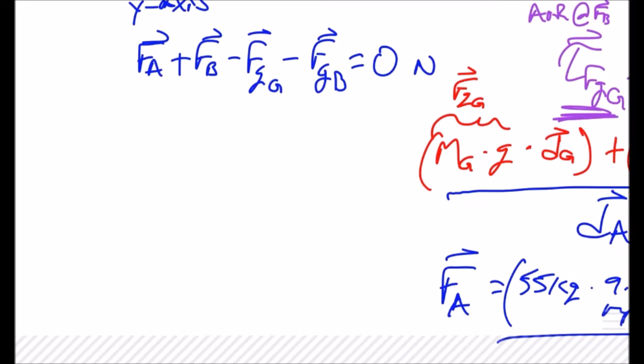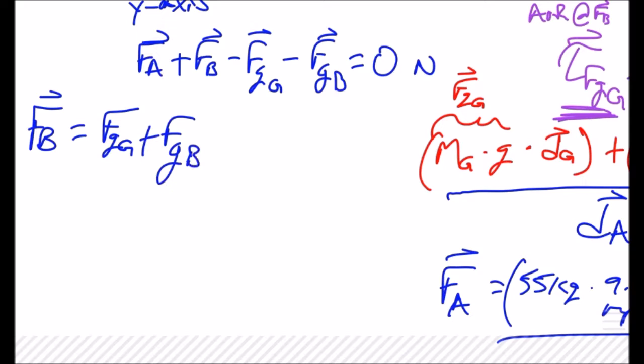So let's rearrange then to solve for force A. No, excuse me, force B. So we're going to say force B is equal to the force generated by the girl plus the force generated by the bench minus force A. Y'all agree with that? Okay, so then let's go ahead and plug that in.